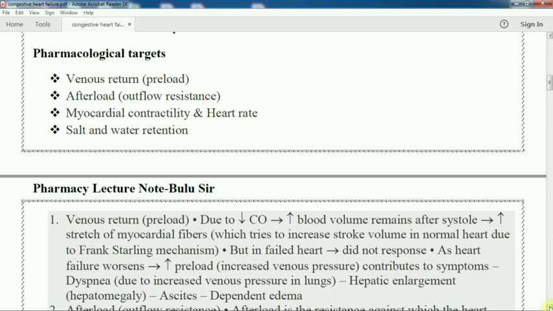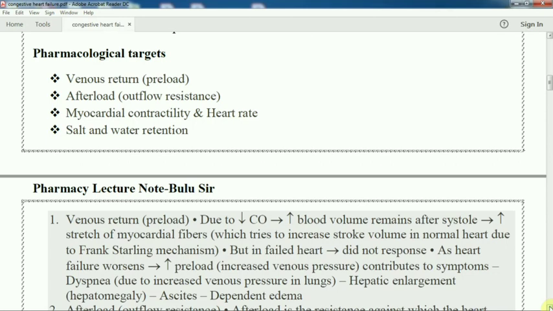But in a failing heart, what happens? It does not respond. In heart failure, preload and venous pressure increase, contributing to symptoms such as dyspnea due to increased venous pressure in the lungs, hepatic enlargement and ascites, and dependent edema.